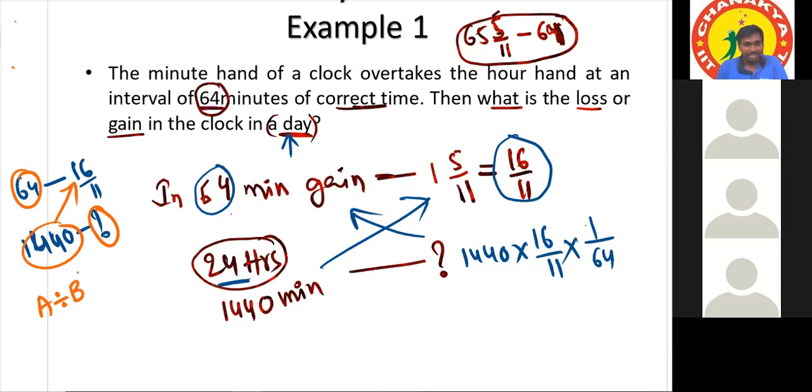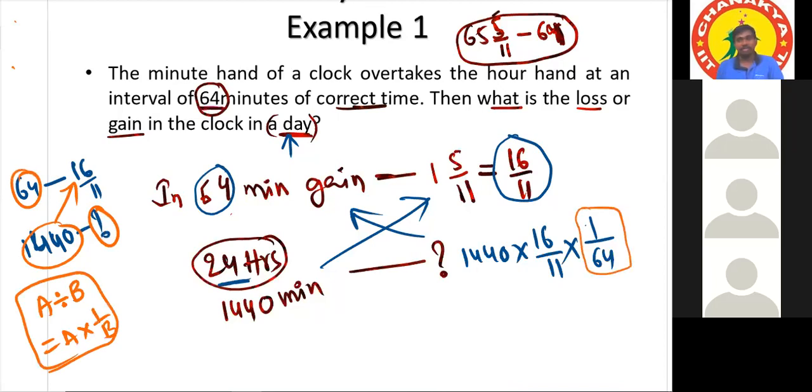Okay, can I write A divided by B as A into 1 by B? Yes, sir. Both are the same. I'm doing that only here. Total of this number divided by 64, nothing but into 1 by 64. So after doing simplification, you will get the answer.